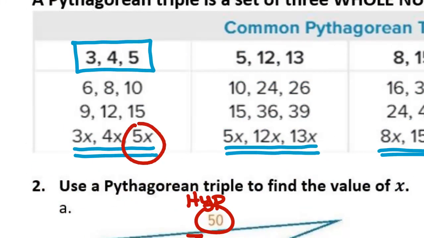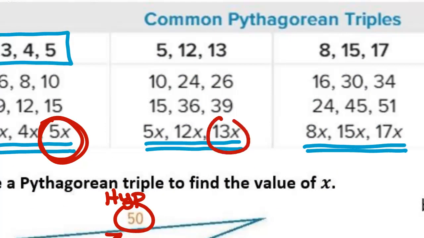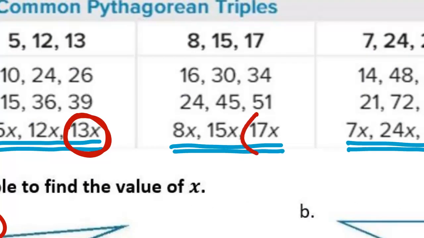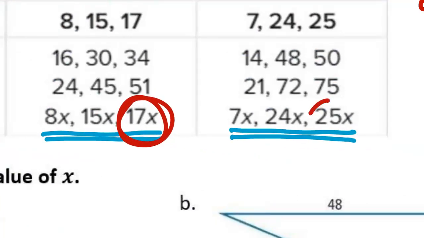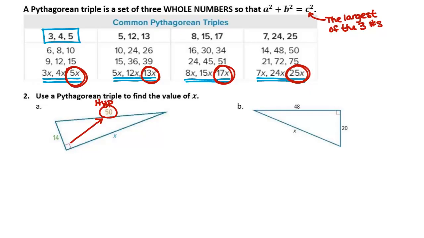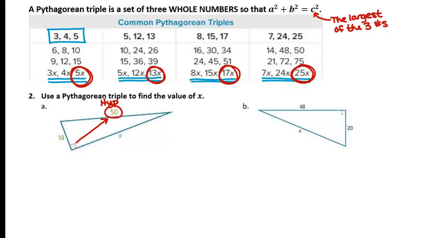Because it's the hypotenuse, that means it's the biggest. So I'm looking over here at the biggest value in each of these Pythagorean triples. Is 50 a multiple of 5? Yes. What would you multiply 5 by to get 50? 10.